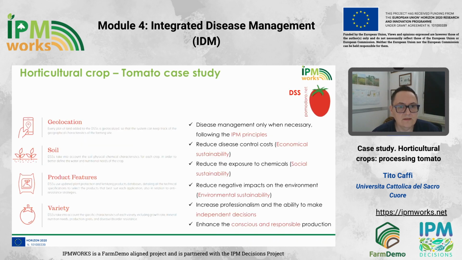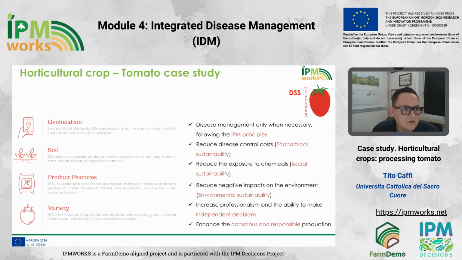To face this task, we are talking about a decision support system that has been developed following the multi-modeling approach we already discussed in Module 4.3, and in particular Pomodoro.net, that is tomato.net. So it is about the main aspects that we need to take into consideration.